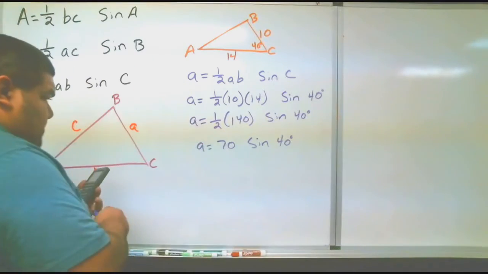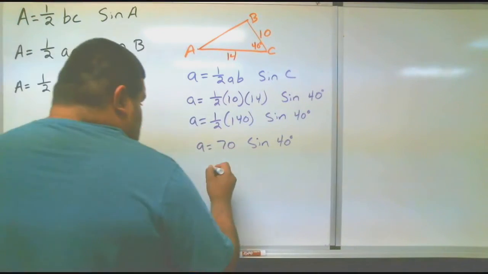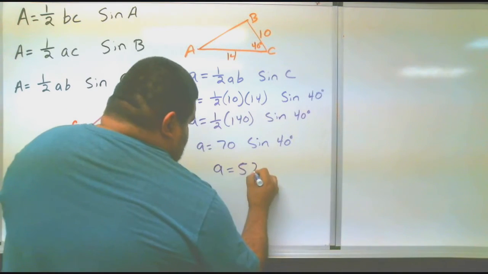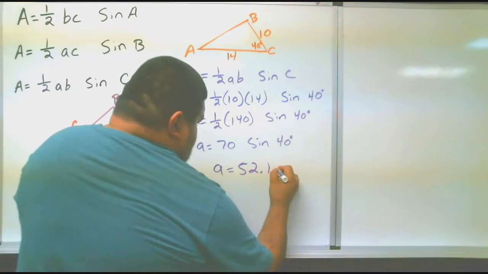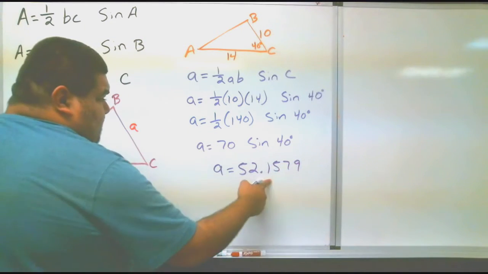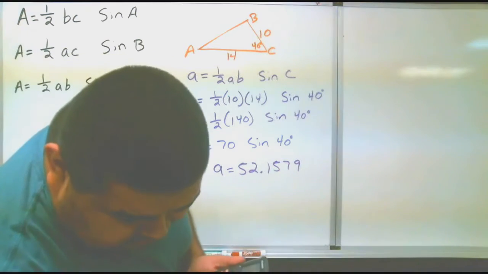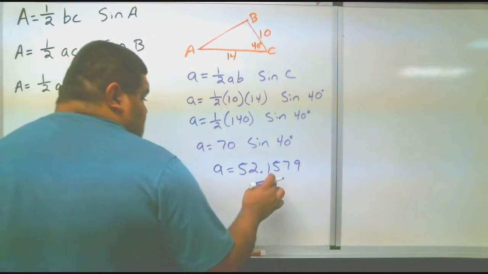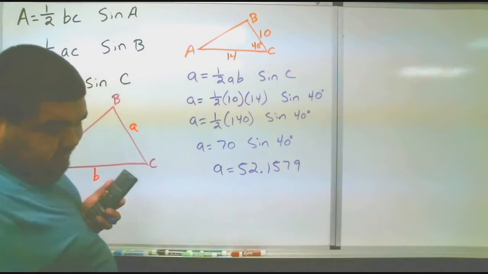Okay? So the area equals 52.1579, so on and so on. It tells us to round to the nearest tenth. Okay? So we only need 1 after the decimal point.